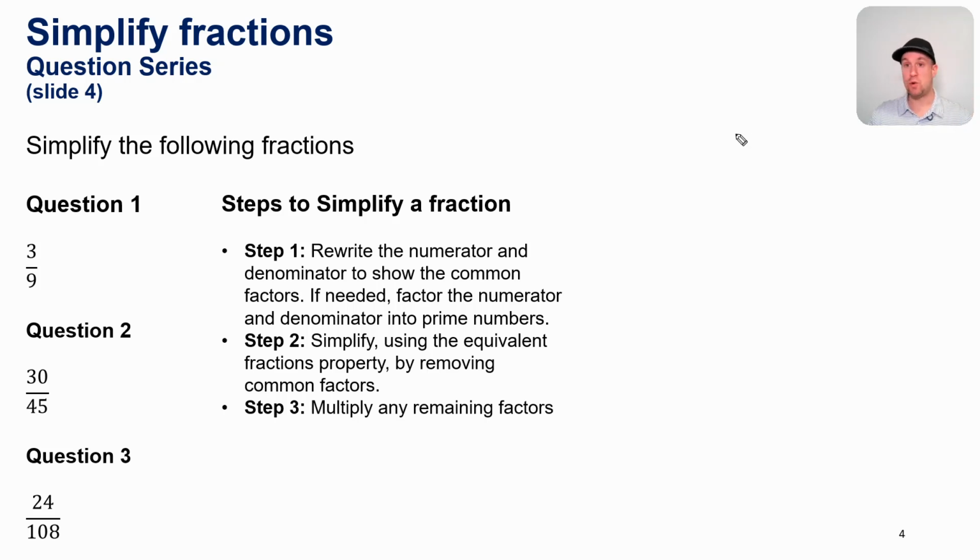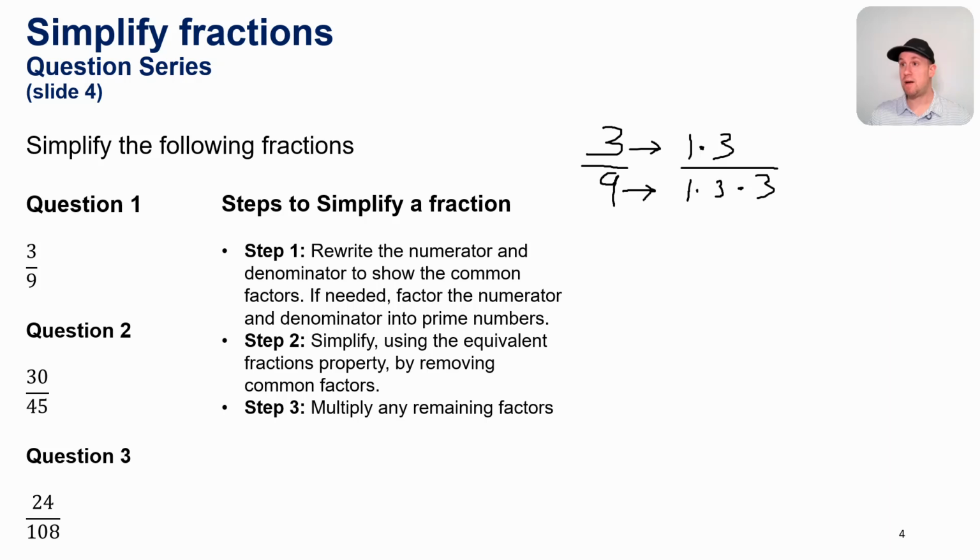Starting with question number 1, we have 3/9. Following the first step, we rewrite the numerator and the denominator to show the common factors. So 3 can be written as 1 times 3, and 9 can be written as 1 times 3 times 3.